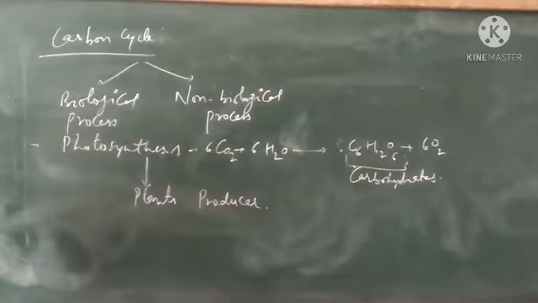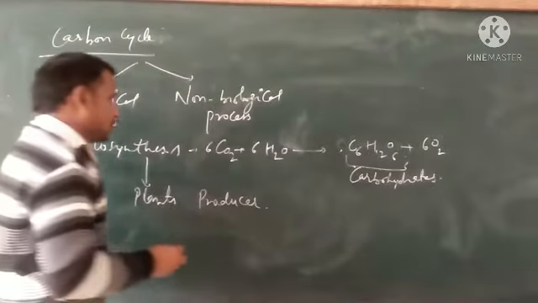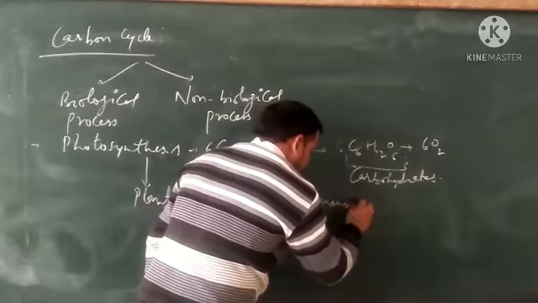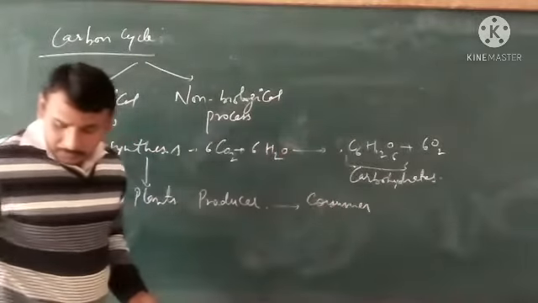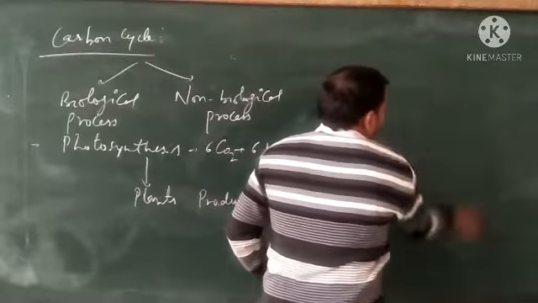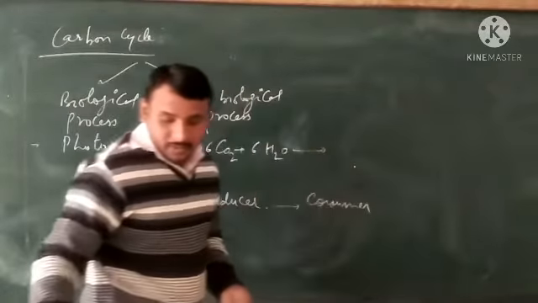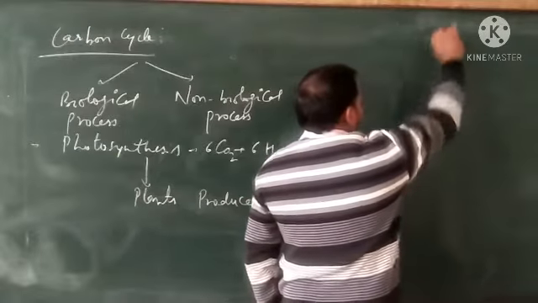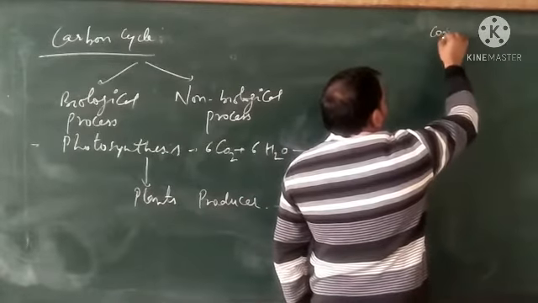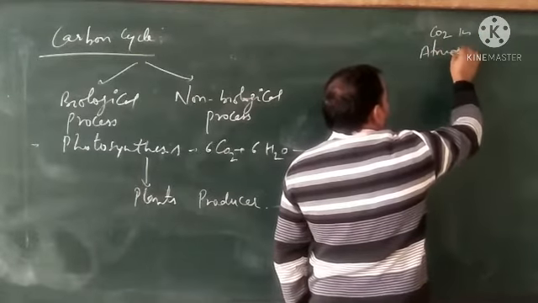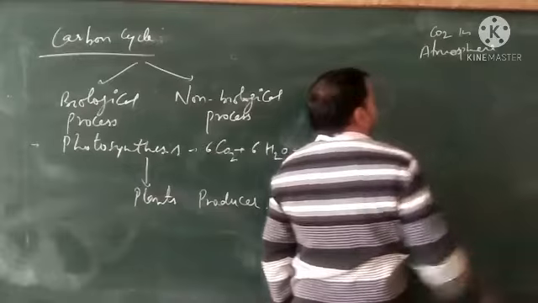The next level of the food chain after producers is consumers. In the diagrammatic representation of this carbon cycle, firstly there is CO2 in the atmosphere.